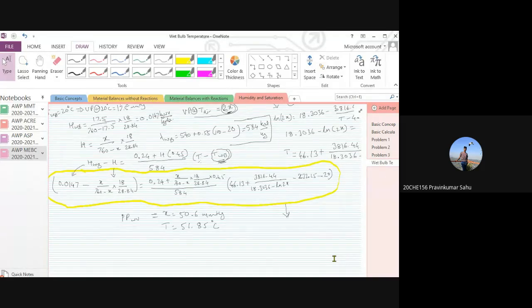But sir, I didn't get the temperature so high. I got it 27.6. Yes, sir. Even I got 27.5. I also got the same. Okay, 27.6. All right. That is one more possibility, either 51.8 or 27.6. Okay.